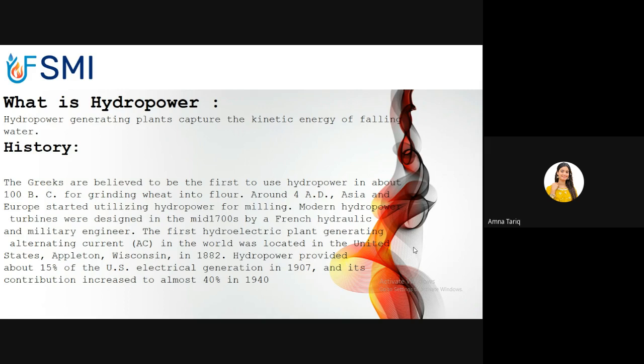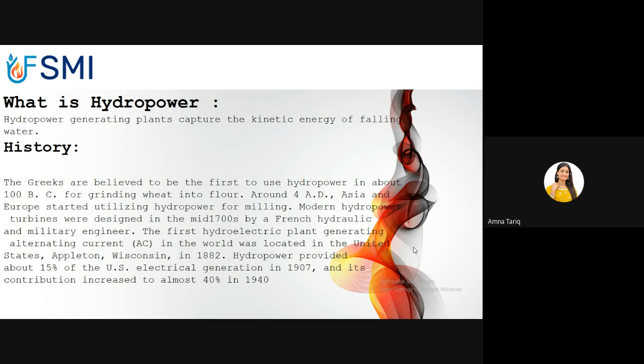In this section today, we only discuss hydropower basic concepts, because the next section already covers hydropower, biomass, and bioenergy. So in that session we will discuss hydropower in detail, but in this section we make the basic concept clear.